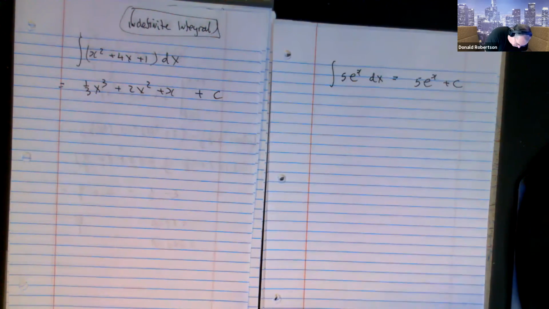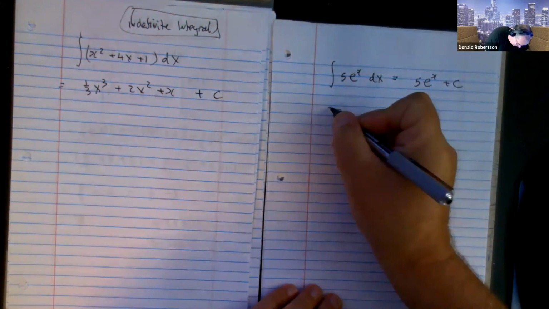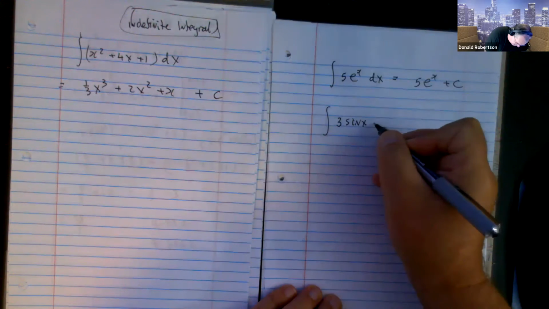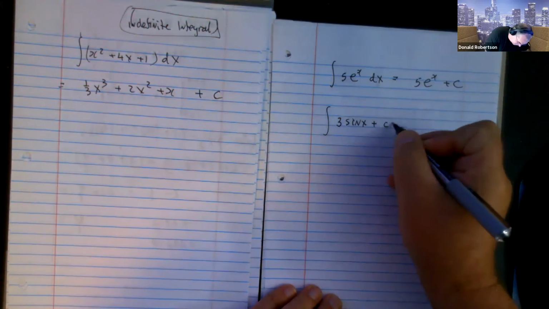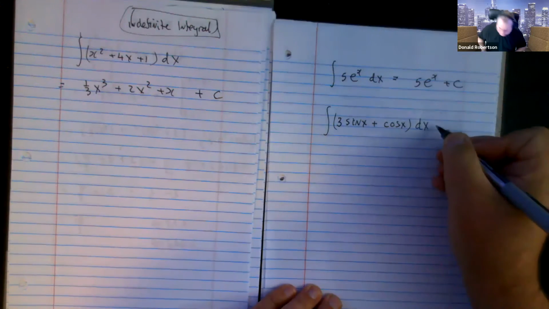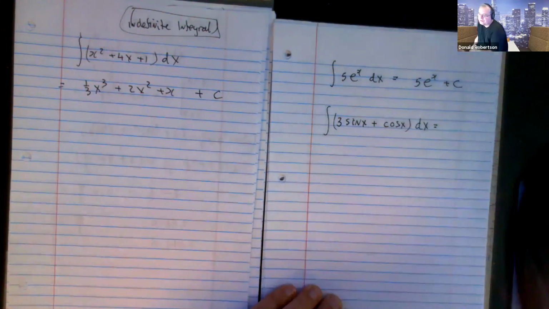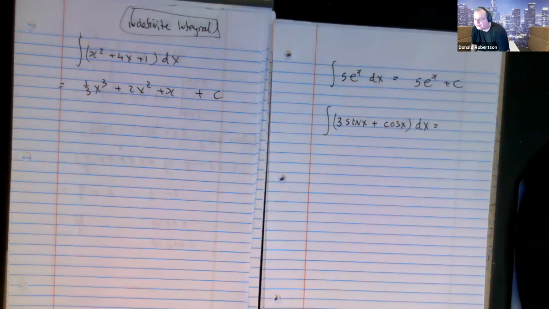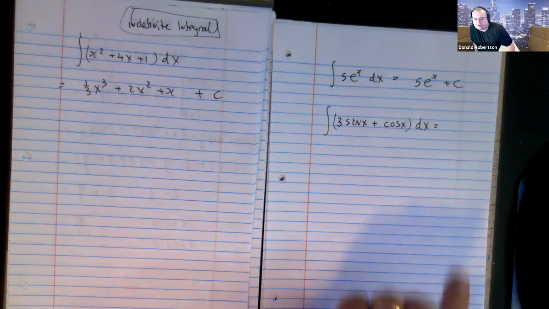What about 3 times the sine of x plus a cosine of x? Antiderivative of 3 sine x and then the antiderivative of plus cosine x and stick them together with a plus c at the end. Right, let's do the sines then.